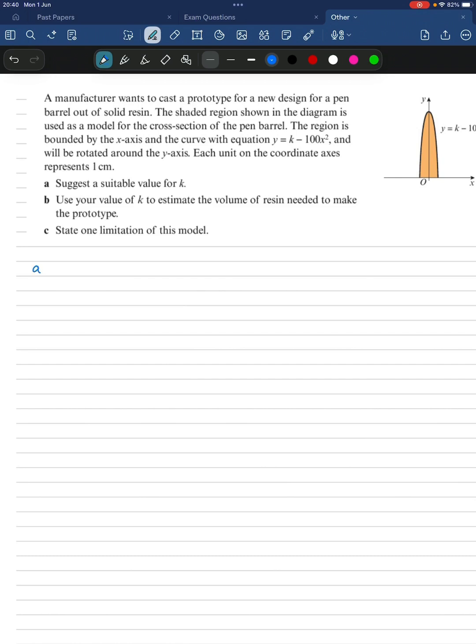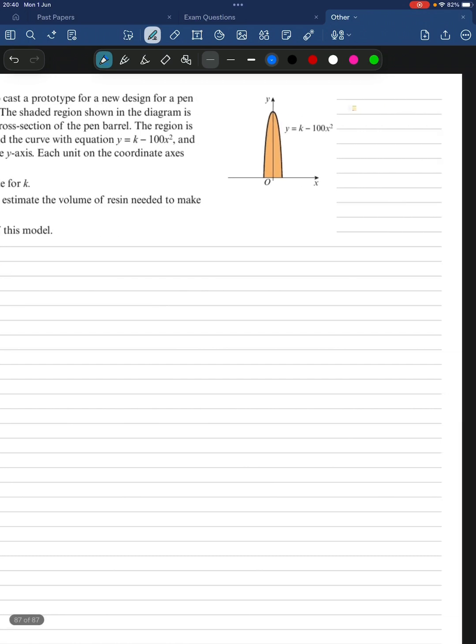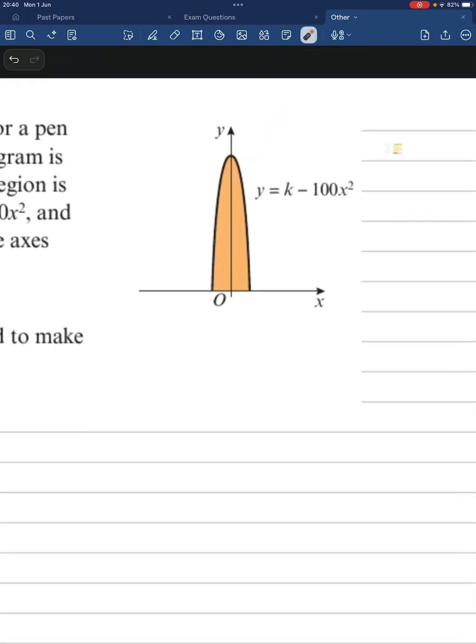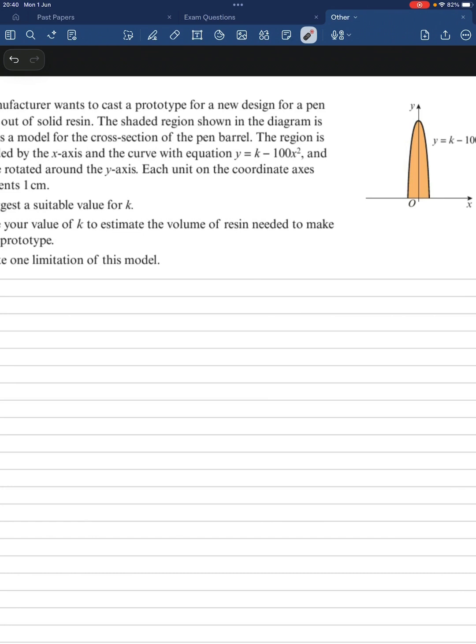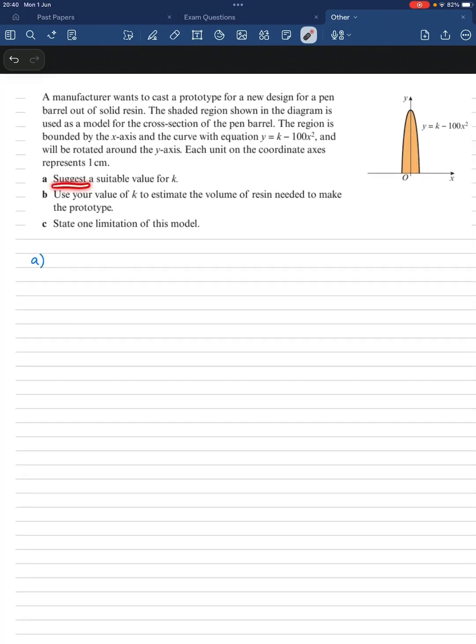So part A. Well, k is going to be this point up here, because it's your maximum point. It says suggest a suitable value, so you're going to have to give something sensible.